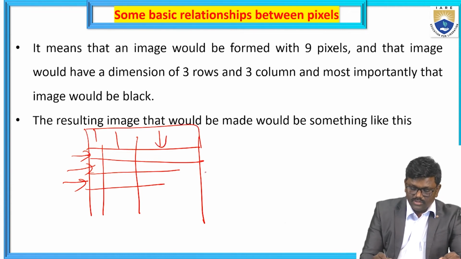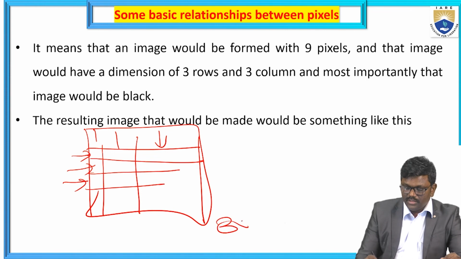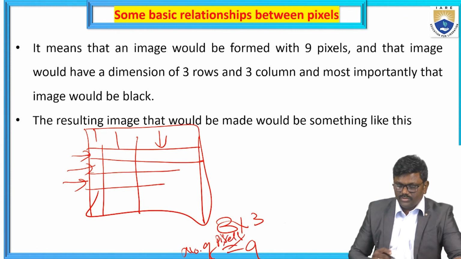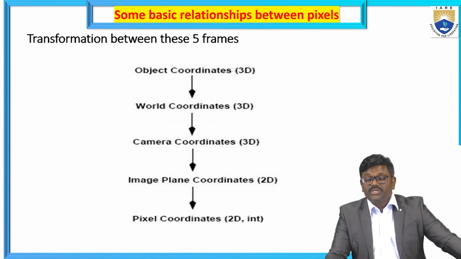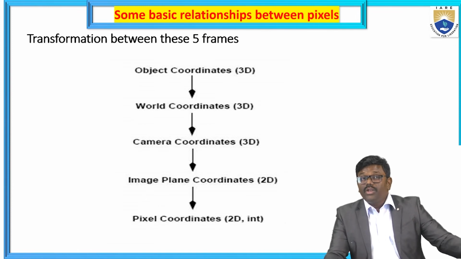So this is a 3 by 3 matrix, and 3 by 3 is equal to the total number of pixels. So this is what we want to understand, the calculation which provides only in terms of relationships.